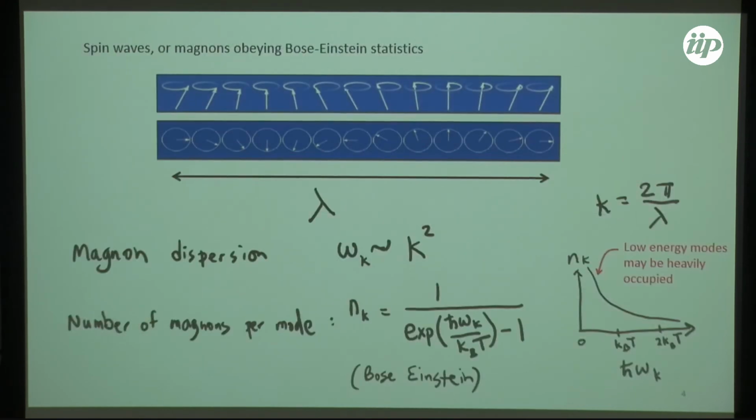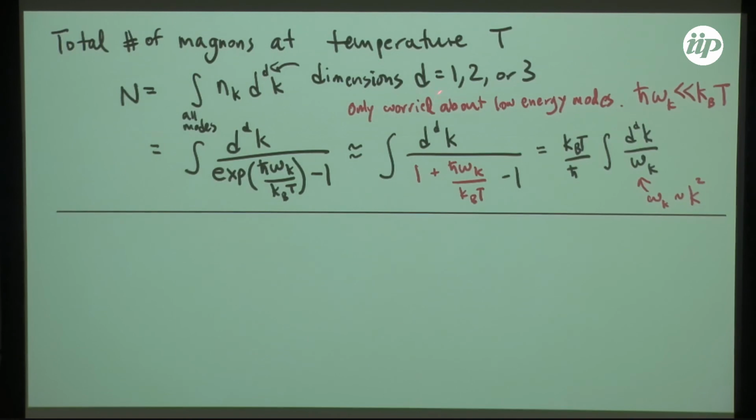And if you go back here, we don't worry about up here because it's exponentially suppressed. We just worry about near zero. Okay, we're really worried about near zero. So what we can do is take the low energy modes where the energy and frequency is much, much less than k_BT, the thermal energy, right? And then you could expand this exponential into 1 plus the argument.